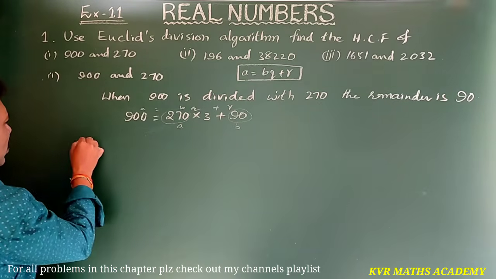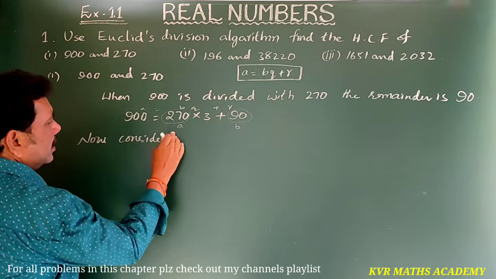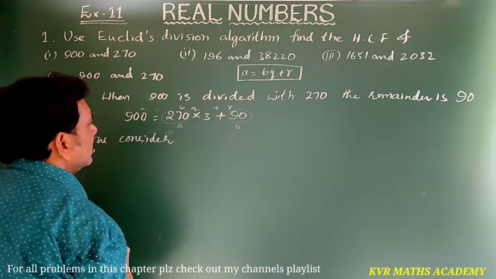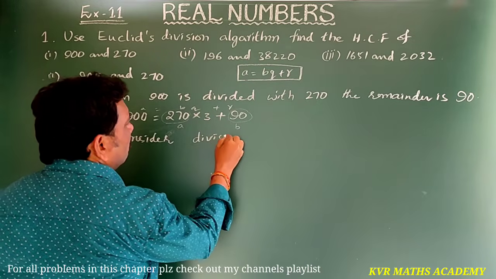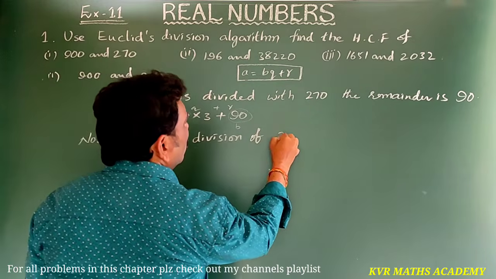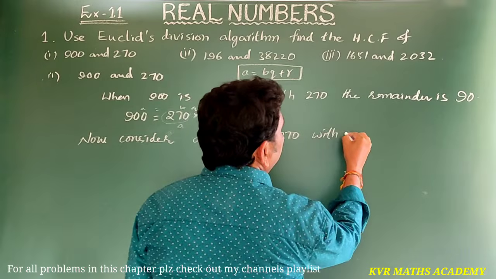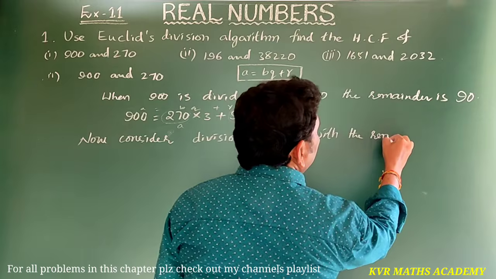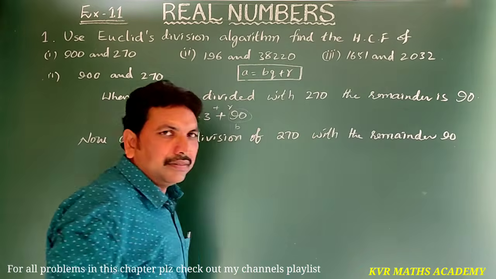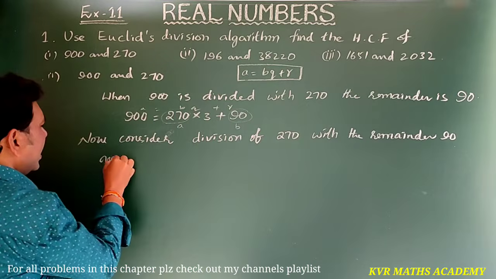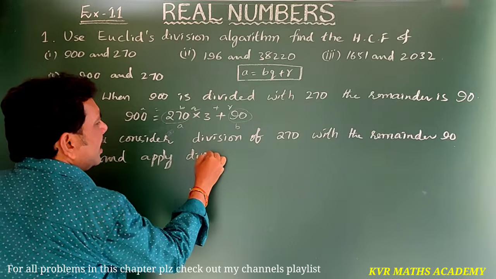Now consider the division of 270 with the remainder 90 and apply the division lemma.